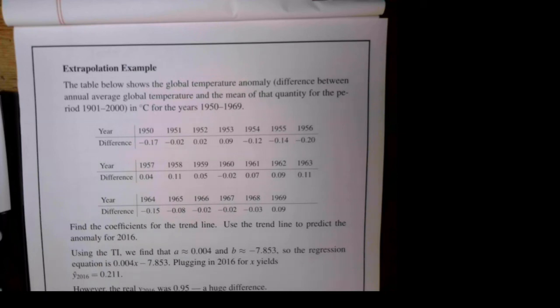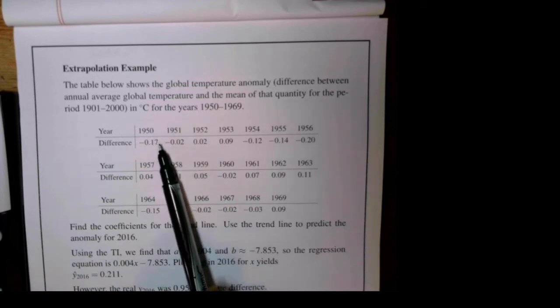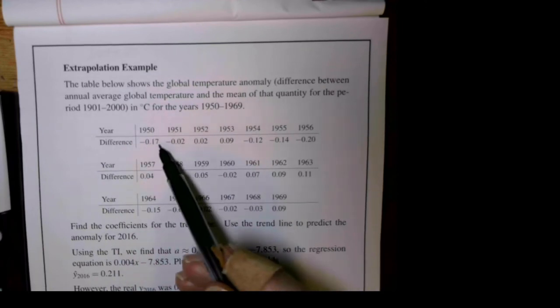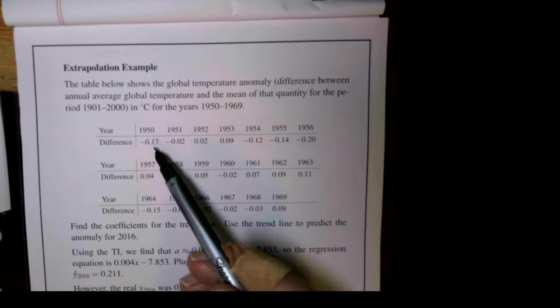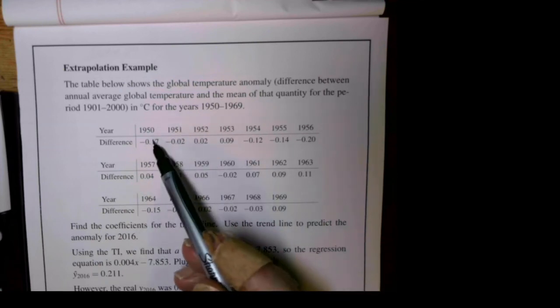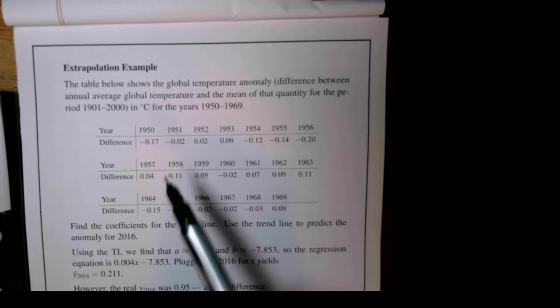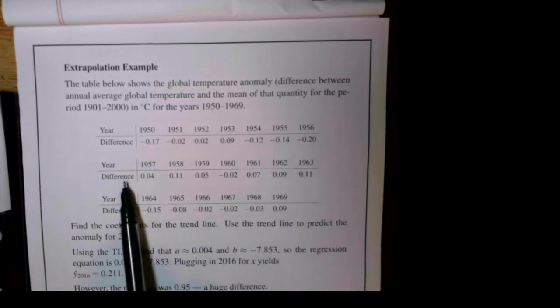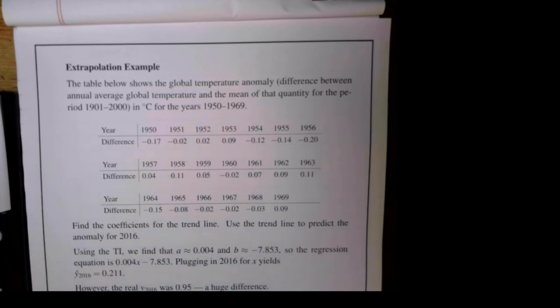And then in a year when the average global temperature is different from that baseline value, the difference is the global temperature anomaly. You can see here in 1950, the difference between the average for 1950 and the average for the whole 20th century was pretty small, minus 0.17 degrees. It was a little below. 1950 was a little below the century average, and it stayed mostly below or right near the century average all the way through 1969.